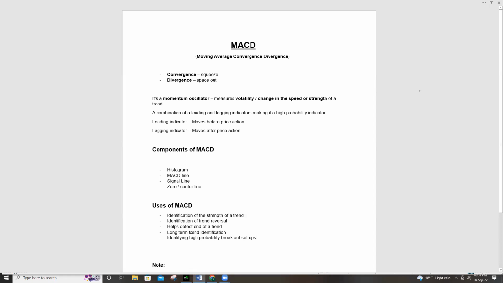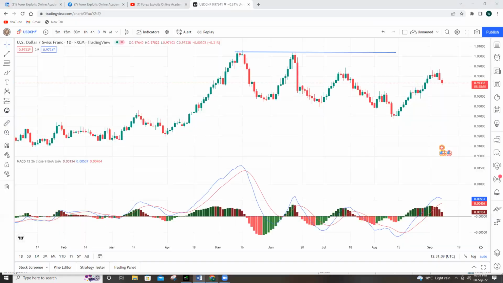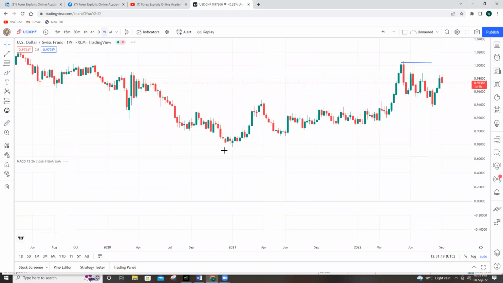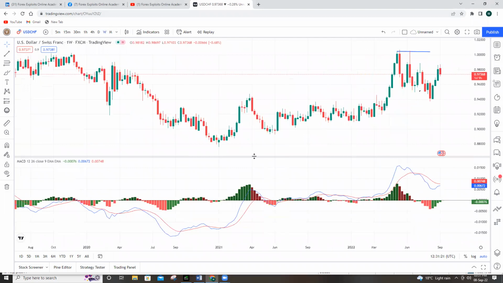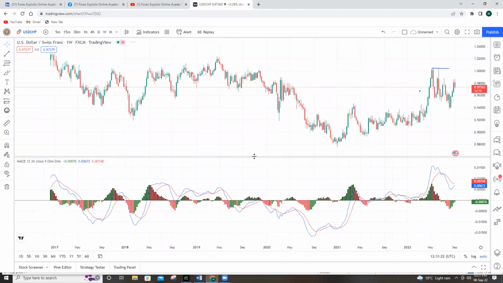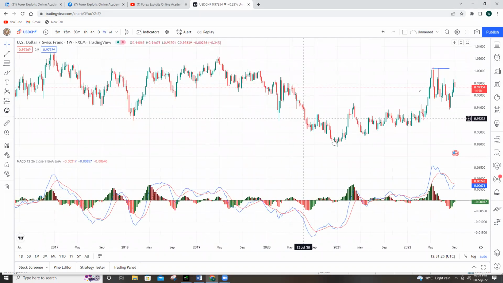Then we have use number three. Use number three is that it helps to detect the end of a trend. How does it help to detect the end of a trend? If we were to go to a higher time frame, and maybe we have this sell trend, this move to the downside, how do you tell that this trend is coming to an end?